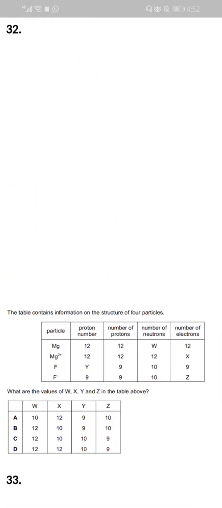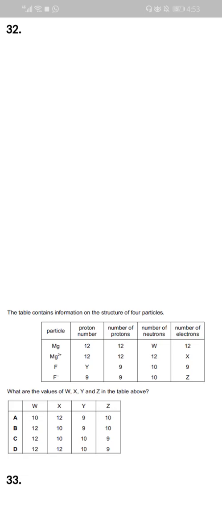32. The table contains information on the structure of four particles. What are the values of W, X, Y and Z? It's a very simple question. The first particle is magnesium, which has proton number 12, and the number of protons is also 12.